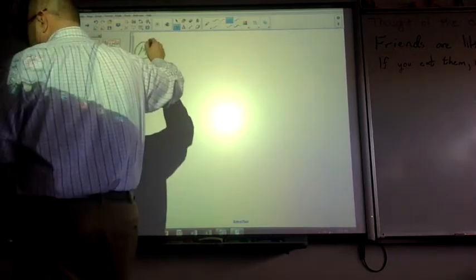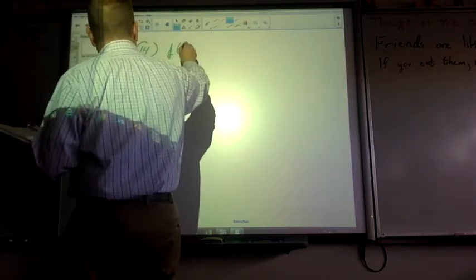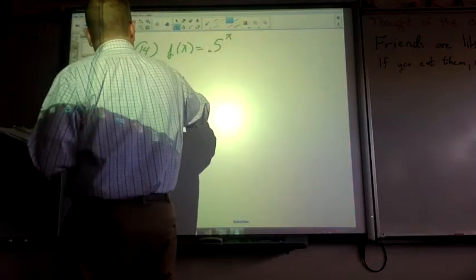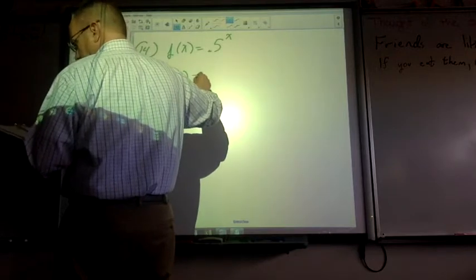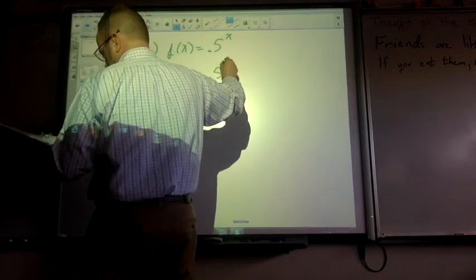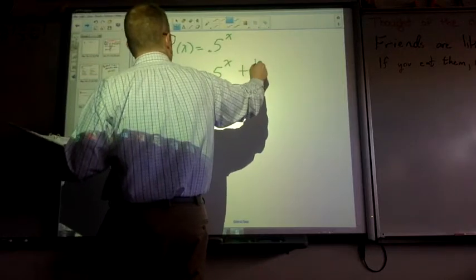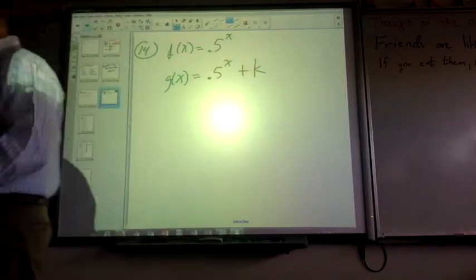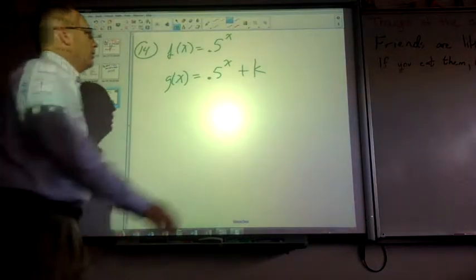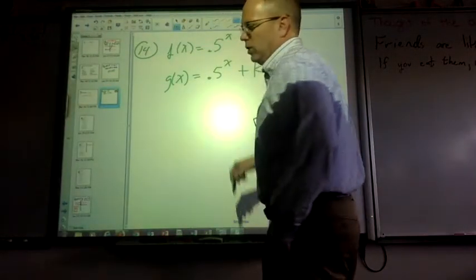Think about it logically. So they tell us f at x, that means the same thing as y. We have 0.5 to the x. And then g at x means the same thing as f at x, which means the same thing as y. So I have 0.5 raised to the x plus k. So take a look at our graph. The two graphs look the same, but one is shifted up and one is shifted down. So let's think about this.